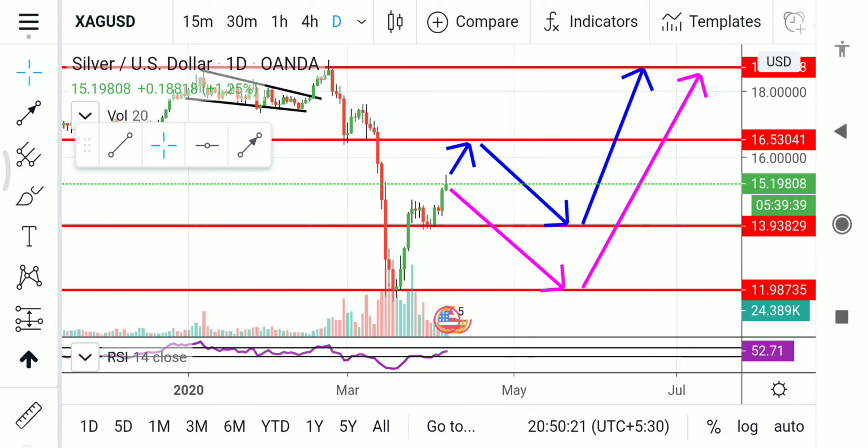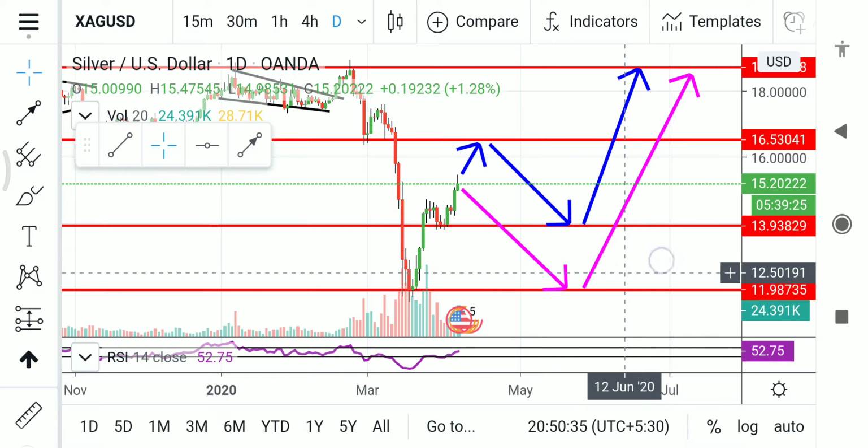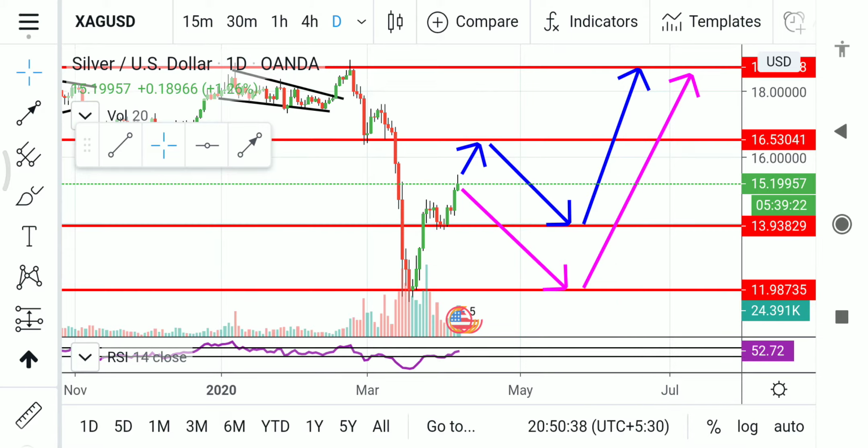If it reaches 18, you will get a profit of $4, and for 13 you will get 5, for 12 you will get 6, somewhere around $14. If it goes wrong, if you keep averaging at these levels, you will get into a profit somewhere around $2 to $3.